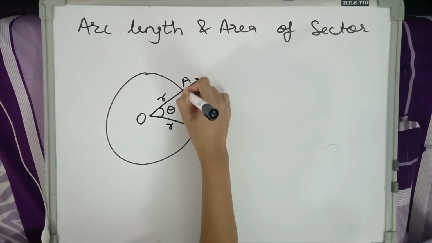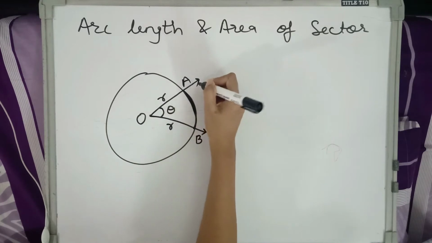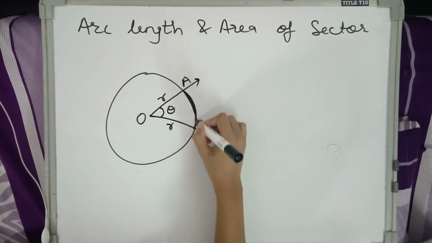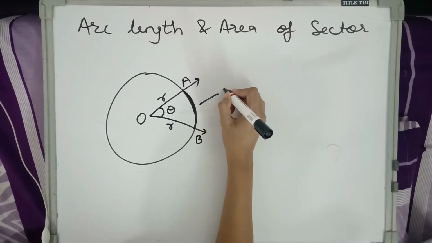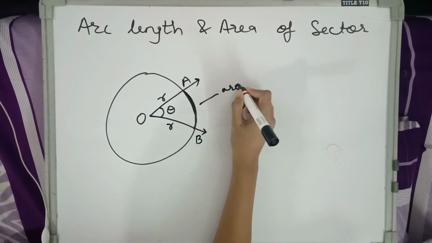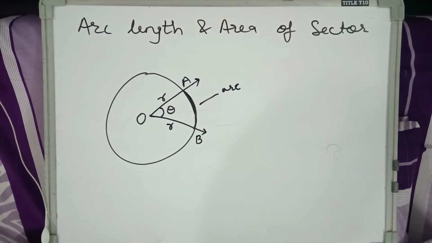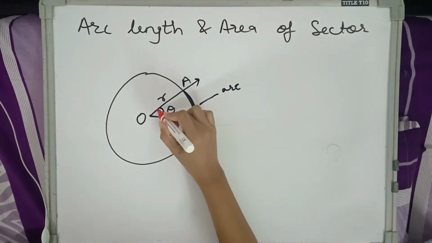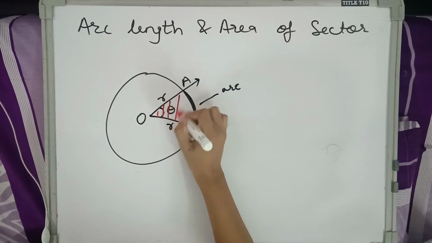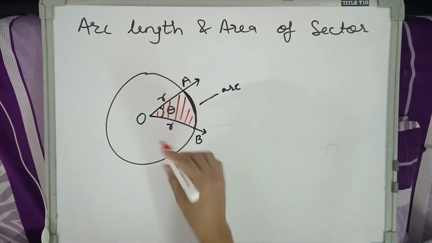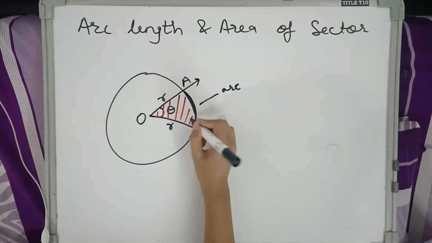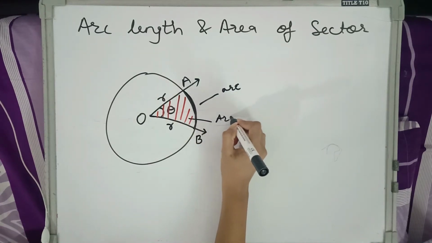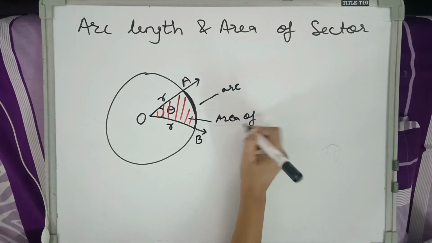So the length of the circle between the two arms is known as the arc, and the area which the angle subtends between the arc and radius is the area of the sector.